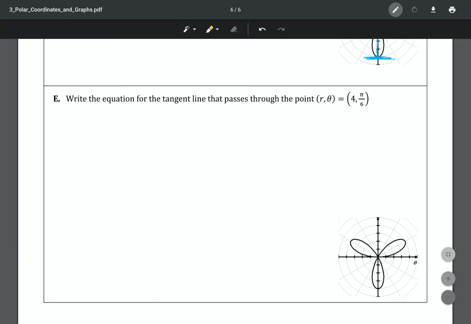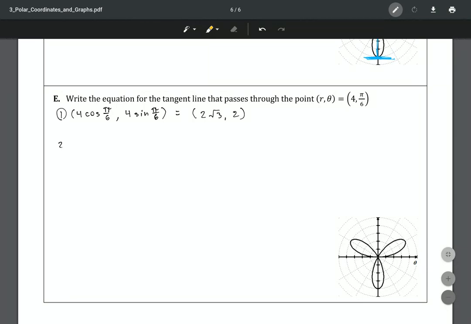So the x value would be 4 cosine of pi over 6, and my y value would be 4 sine of pi over 6. This would be 2 square roots of 3, and this would be 2. So there's my point.